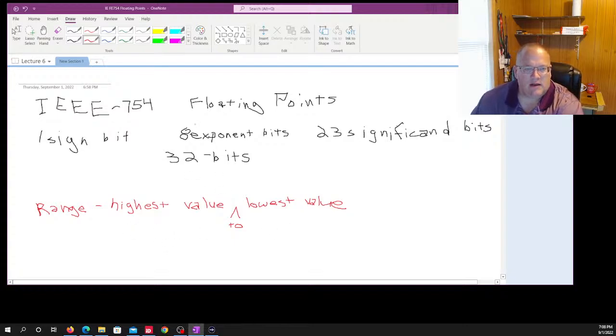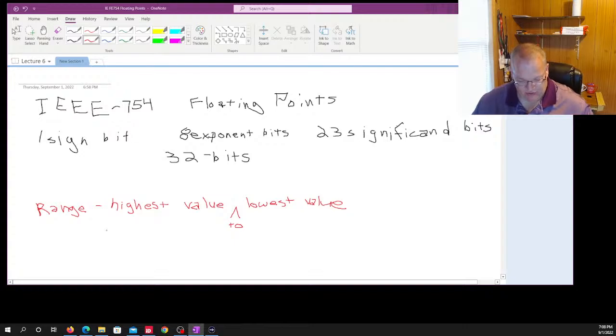So in 32-bit floating point, with 8 bits for the exponent, and remember we've got this bias, right? So in this case, the bias is a 0 followed by 7 ones.